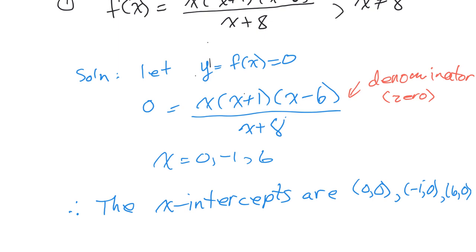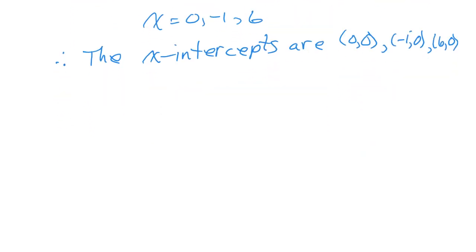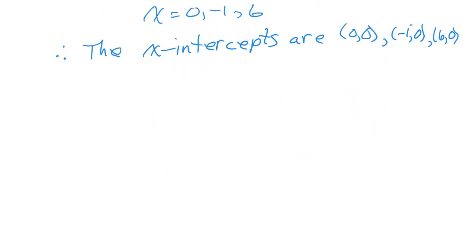And so now let's continue on with finding the y-intercept. Finding the y-intercept of something like this is rather funny. And so now we're going to start by finding the y-intercept.